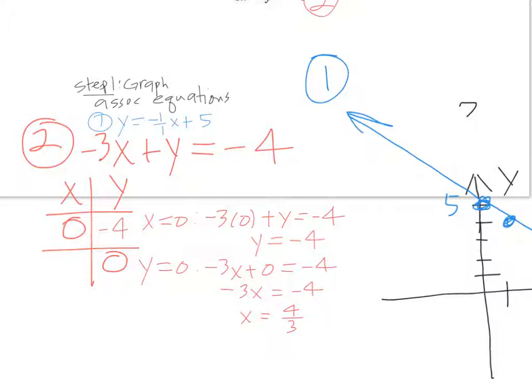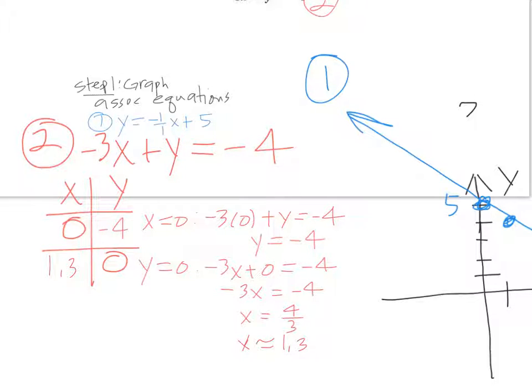Substituting y equals 0, we get negative 3x plus 0 equals negative 4. 0 plus anything is that number, so negative 3x equals negative 4. Divide both sides by negative 3, and I get x equals 4/3. It's a lot easier to use an approximate decimal for graphing, so that becomes approximately 1.3.